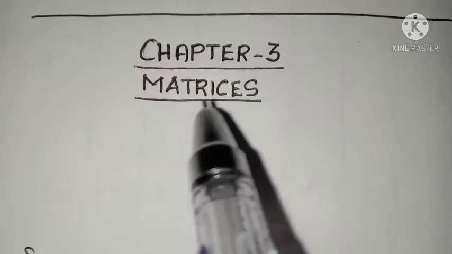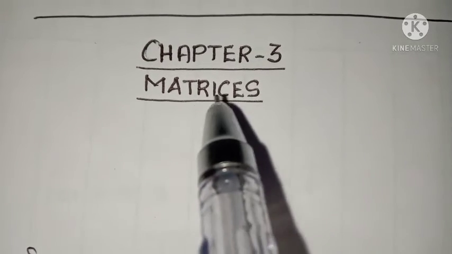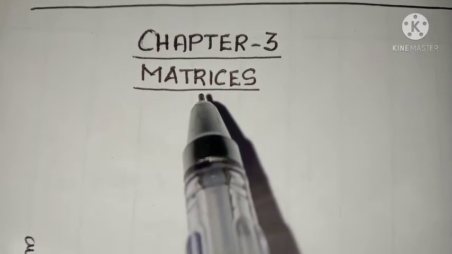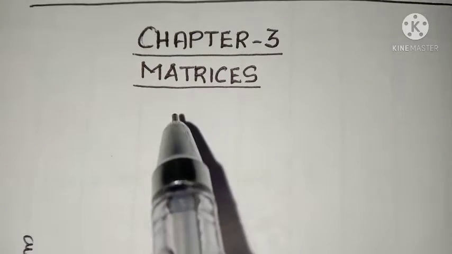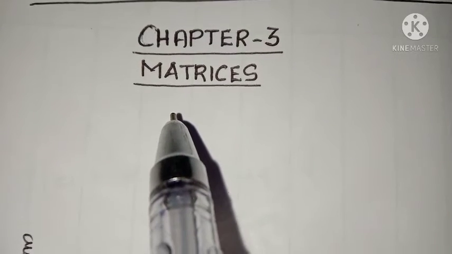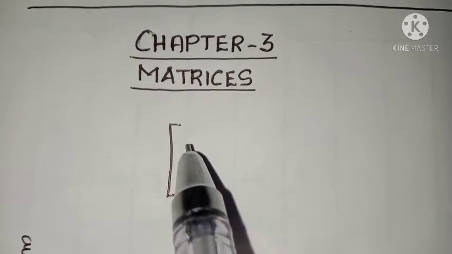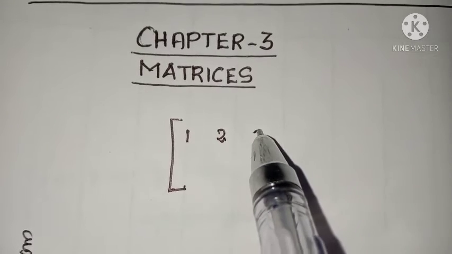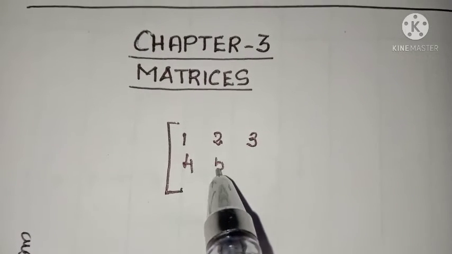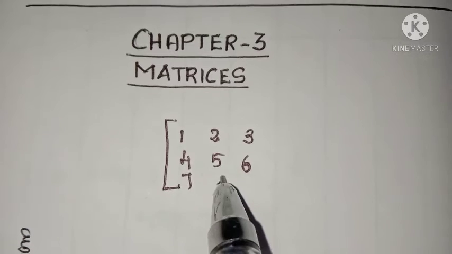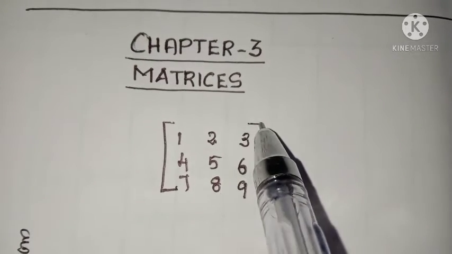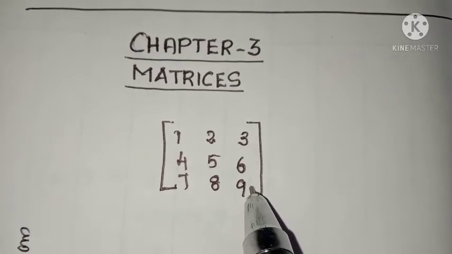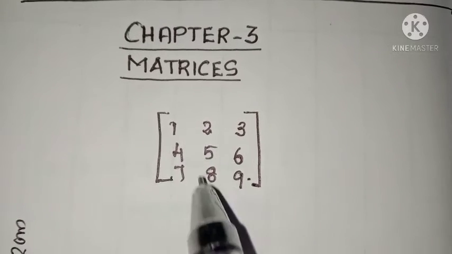Chapter number 3, Matrices. Listen, a matrix is a rectangular arrangement of numbers in rows and columns. For example, suppose we have the numbers 1, 2, 3, 4, 5, 6, 7, 8, 9. We arrange the numbers from 1 to 9 as rows and columns.